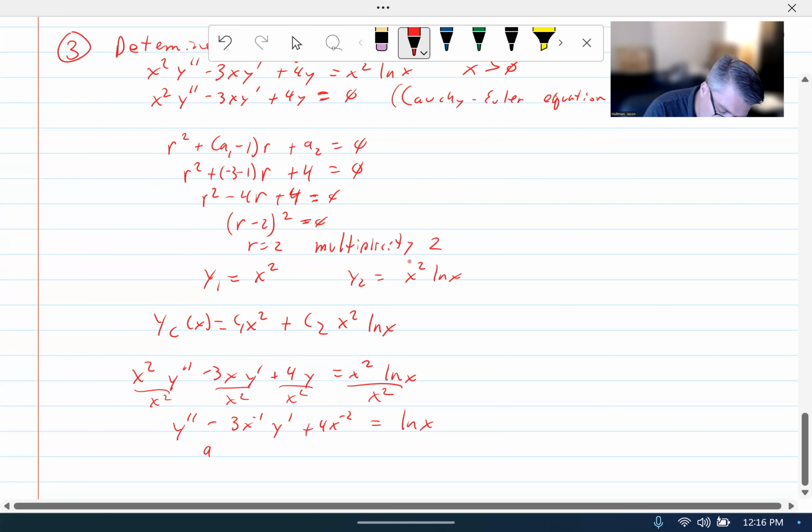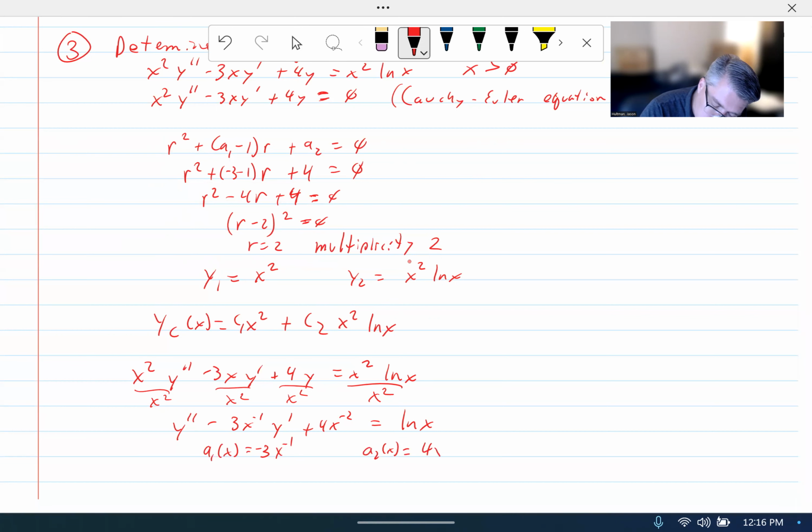Okay, so a1 of x is equal to negative 3 x to the negative first power, and a2 of x is equal to, I'm sorry, 4x to the negative 2 power.